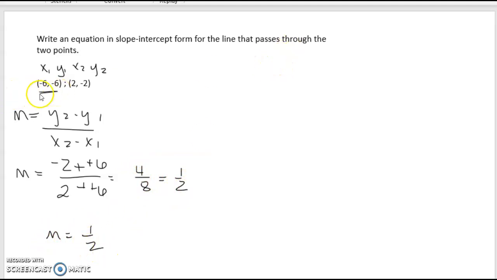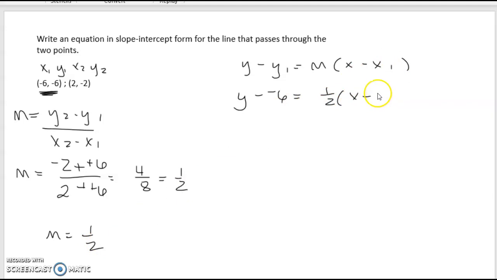And I'm going to go ahead and use my x1, y1 just because they're labeled that way, and it just makes it a little bit easier for me. So y minus a negative 6 equals a 1/2, because that's the 1/2 we just calculated for our slope, times x minus a negative 6. Minus a negative means plus a positive. We distribute.